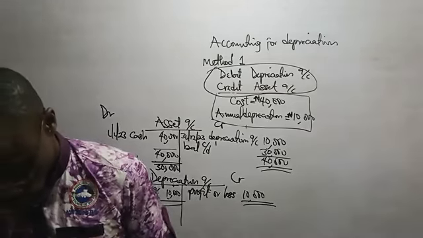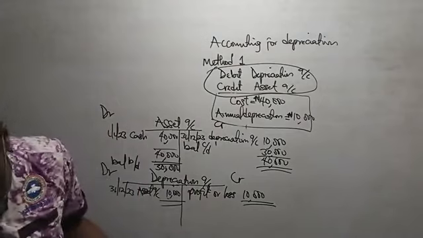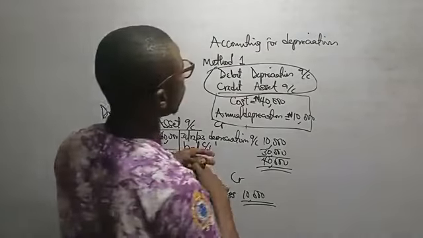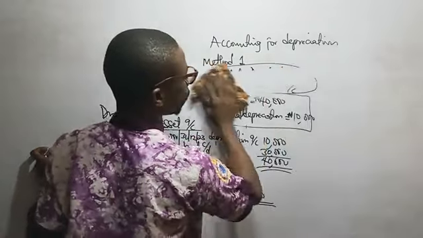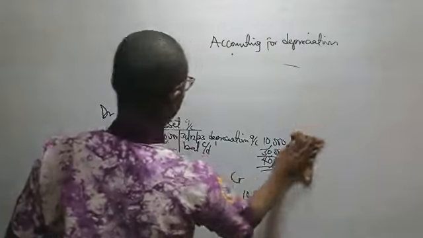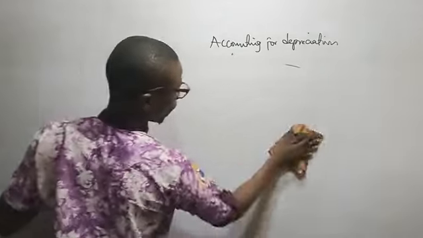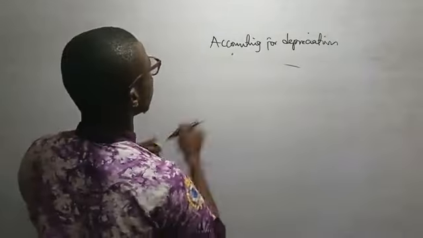Okay. So let's go to method 2. Method 2 says that you will not credit the asset account at all. Look at method 2 now.